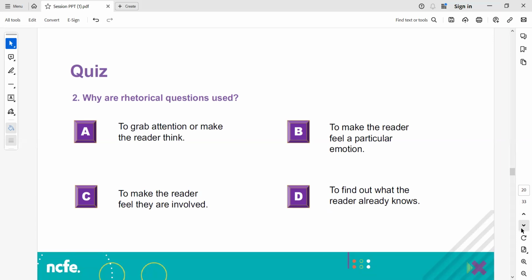To grab attention or make the reader think, to make the reader feel a particular emotion, to make the reader feel they are involved, or to find out what the reader already knows. A. Good. So to grab attention and make the reader think. It's more like making the reader question themselves rather than give an answer to the question.